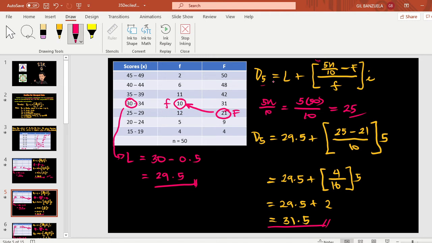Decile 5 is equal to the true lower limit, plus a quantity of k, which is 5, so we have 5n all over 10, since we are going to divide the entire group into 10, since this is a decile, minus the cumulative frequency all over the frequency where the lower limit is located, then multiplied by the class interval i. Now let's get the value of kn over 10, or 5n over 10 in this case.